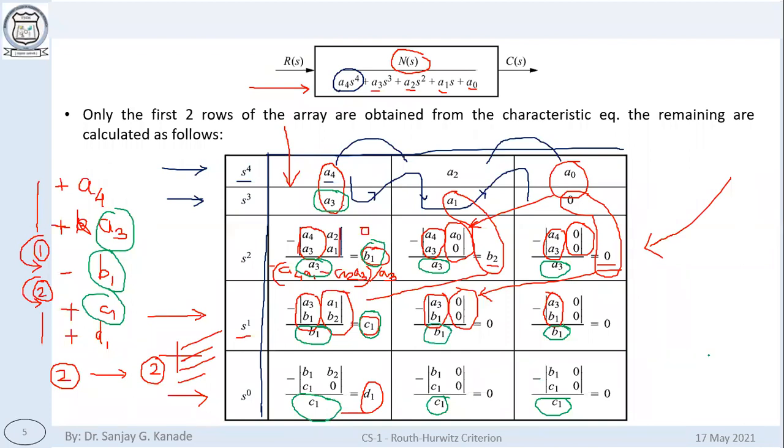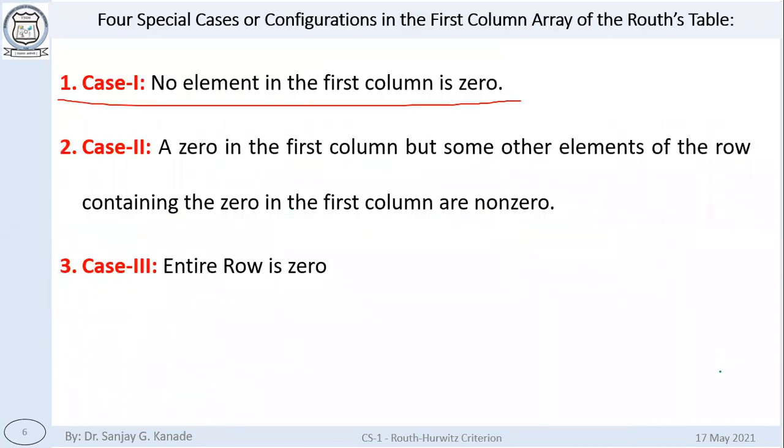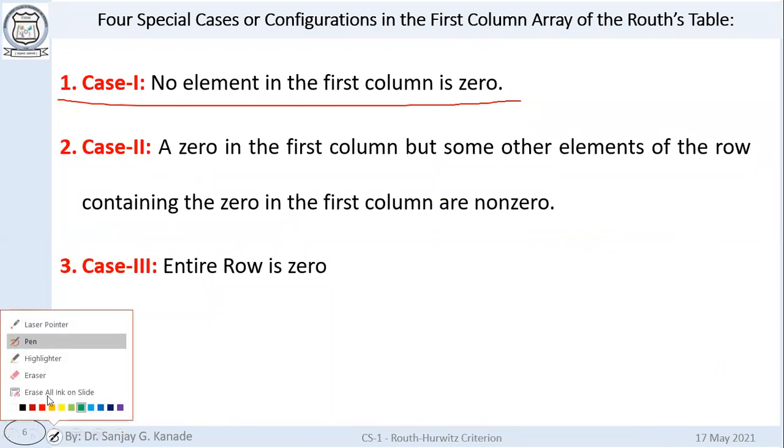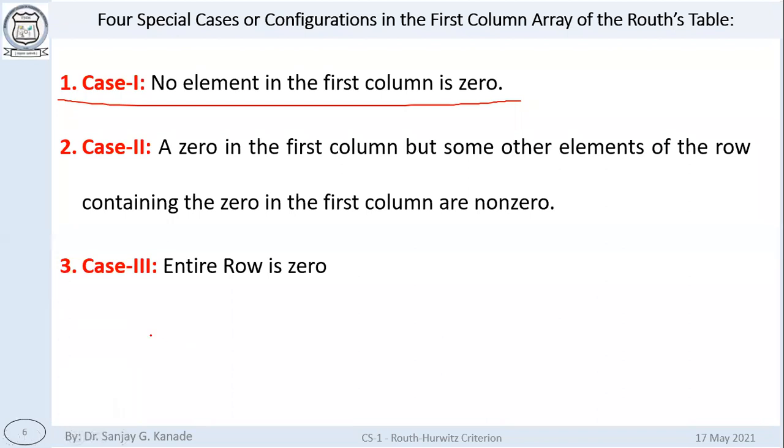So if this is 0, the value will be infinite, and in that case we don't get correct representation of the Routh table. Therefore these kinds of cases have to be dealt with in a separate way. So we will see those separate ways. That is called special case 2 or case 2 or special case 1. In some books you can find a discussion on that.